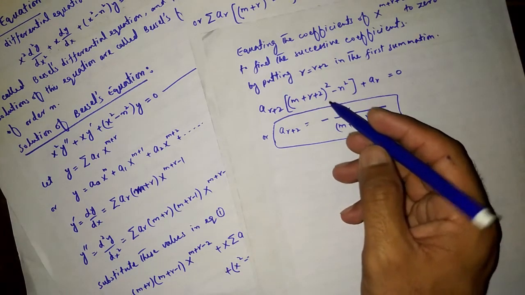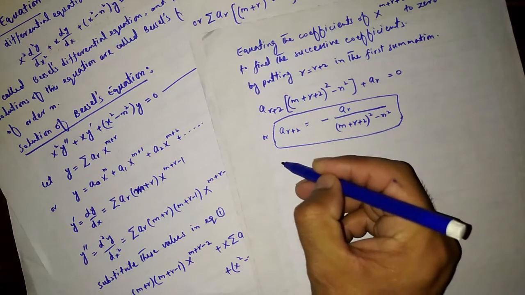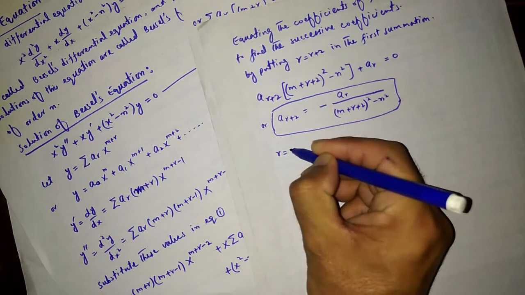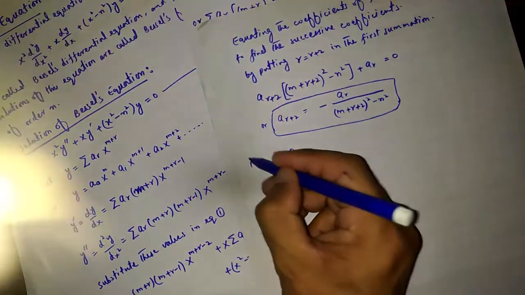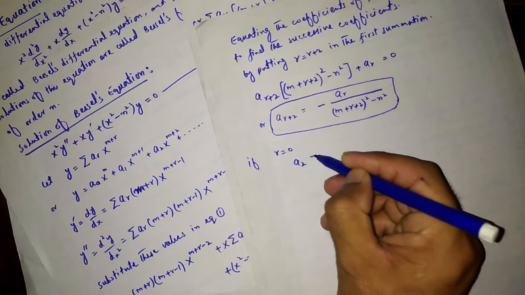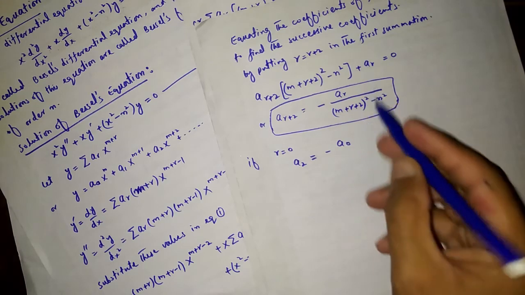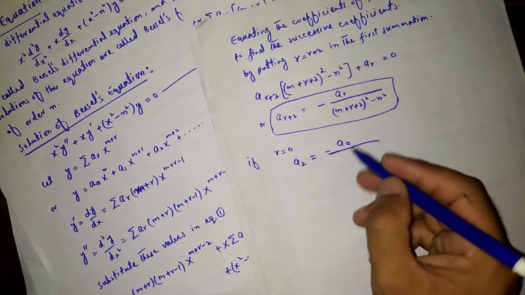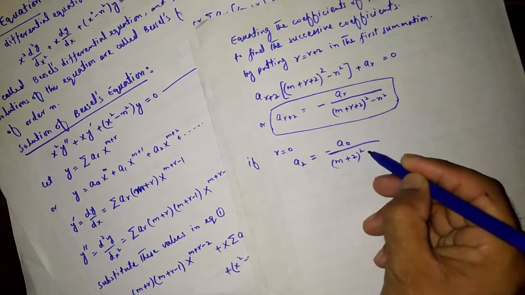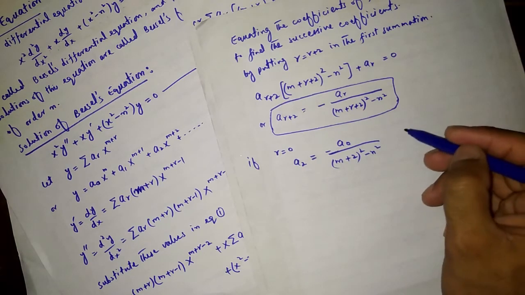If r is equal to 0, we will get the next coefficient, which is a2, which is minus a0 divided by m plus 2 whole square minus n square. So this is a2.